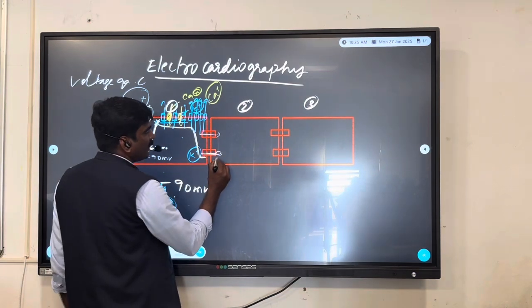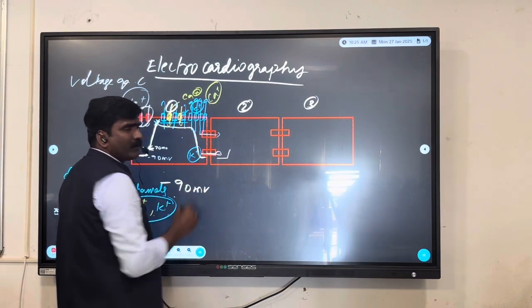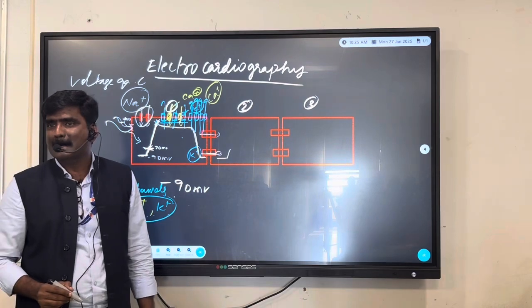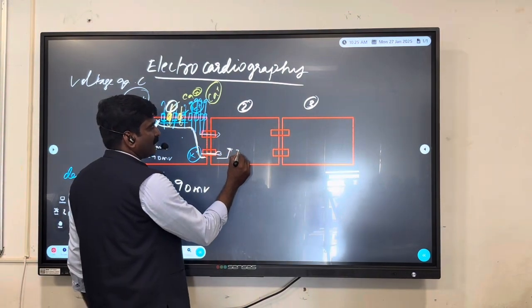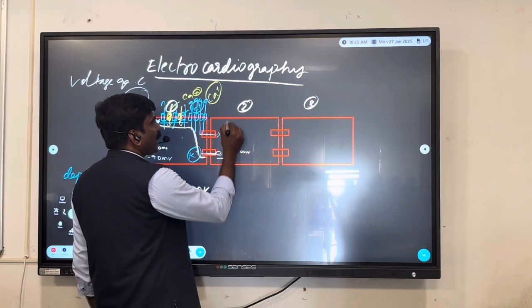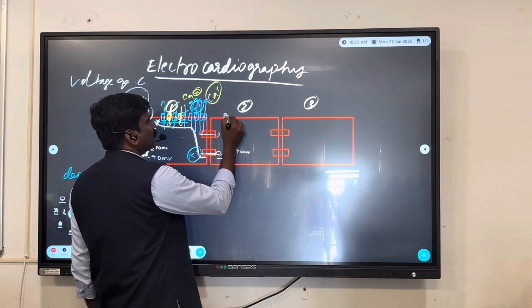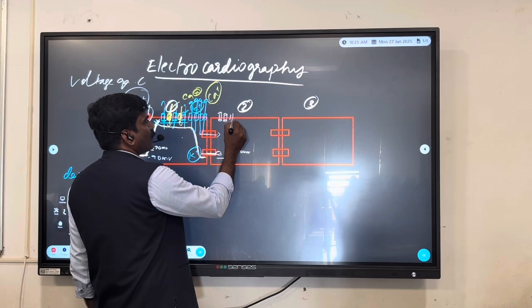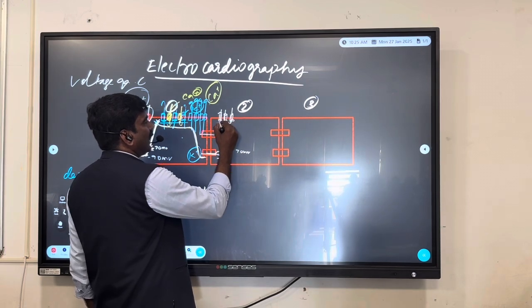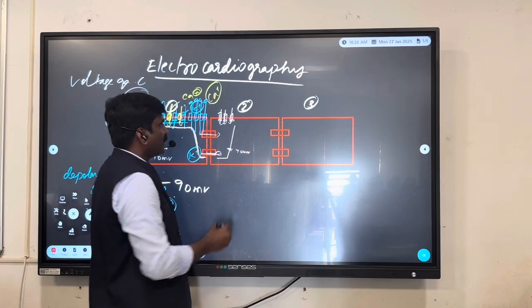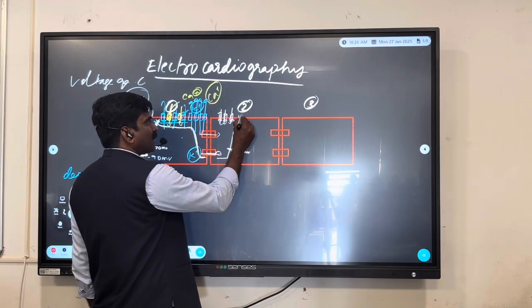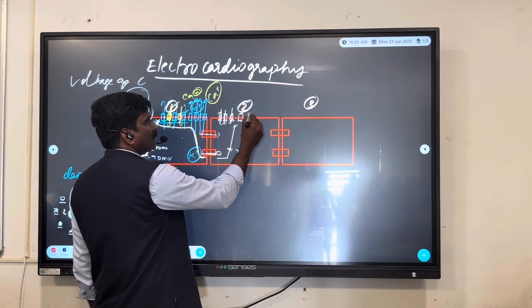So what happened here? Minus 90 has become minus 70 in the second cell, right? So when it reached minus 70 millivolt, what happened? What channel opens? Sodium channel opens. Sodium will enter and it will reach zero, right? And at this point, some more channels open. What are these called?